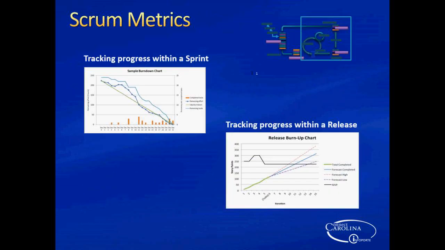And then there's the typical Scrum metrics. Most common are burn down chart, which is within a sprint, tracking how many story points are we getting out each day, completing each day. The goal being that at the end of the 2-week sprint, you've completed them all.